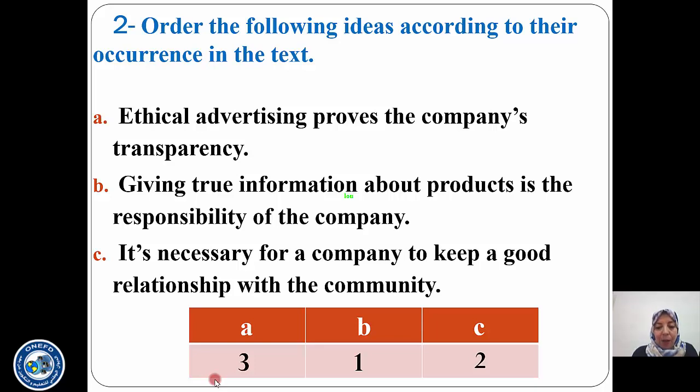As you can see, every idea here corresponds to a different paragraph, but this activity is not always given in this way. Sometimes you can find two or maybe three ideas that appear in the same paragraph. So you have just to read your text very carefully.